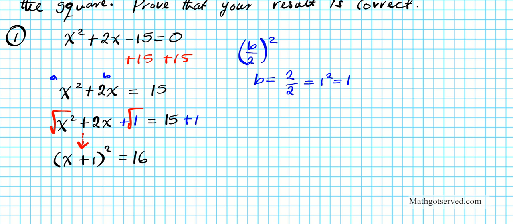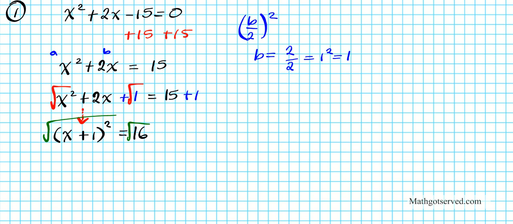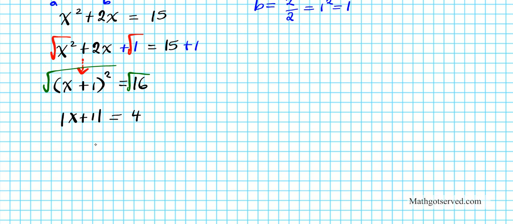All right? Now what I'm going to do next is take the square root of both sides. Anytime you take the square root of a square, you end up with the absolute value. The absolute value of quantity x plus 1 equals the square root of 16, which is 4. Okay? Absolute value is the same as plus or minus. So we have plus or minus x plus 1 equals 4.